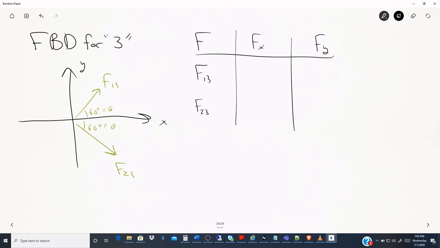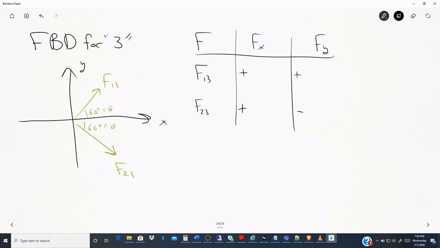I know that the force that 1 exerts on 3 is going to have a positive x component and a positive y component because it points to the right and upwards. I know that the force that 2 exerts on 3 is going to have a positive x component and a negative y component because it points to the right and downwards.